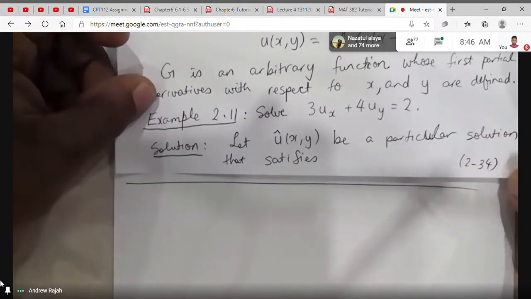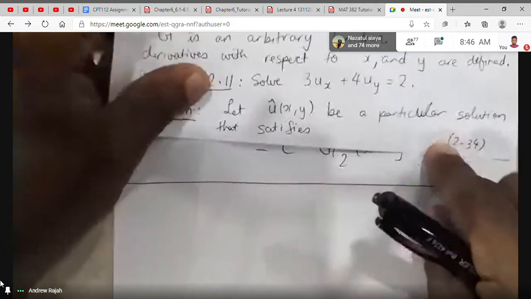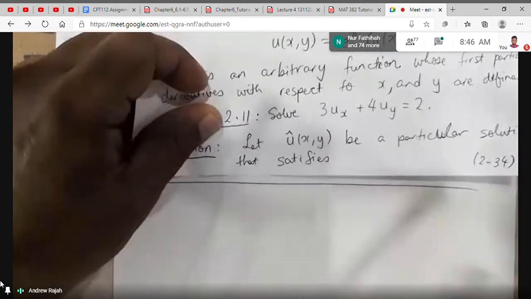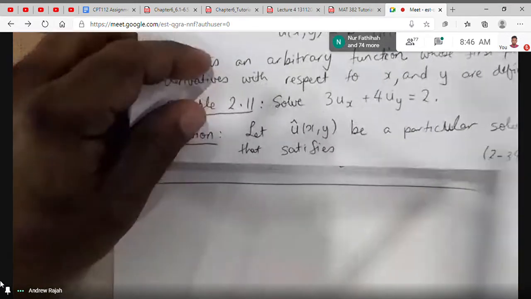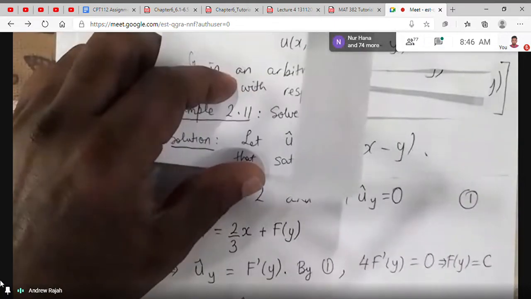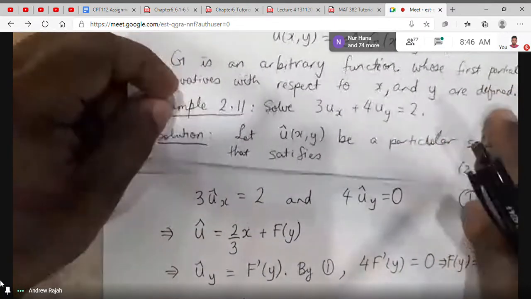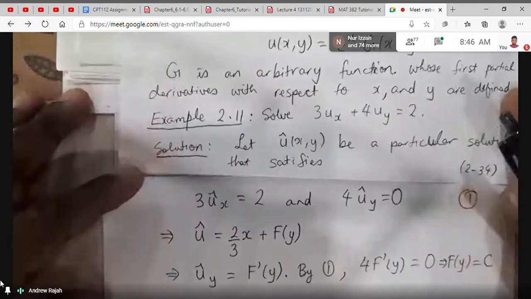Same, in this question also you find the particular solution. Separate it, no? Separate it.